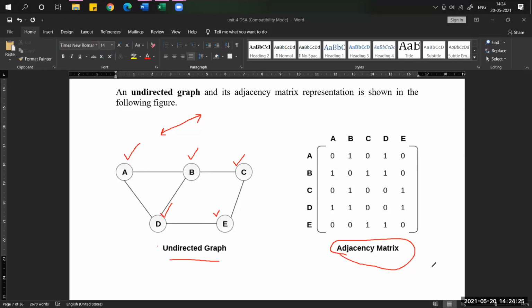How many vertices are here? 5 vertices. So what is the dimension? We will get 5 cross 5. So 5 cross 5 is the dimension of the adjacency matrix.